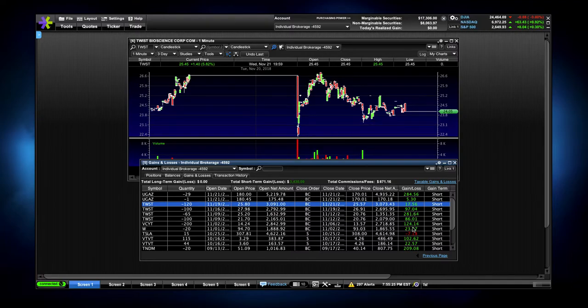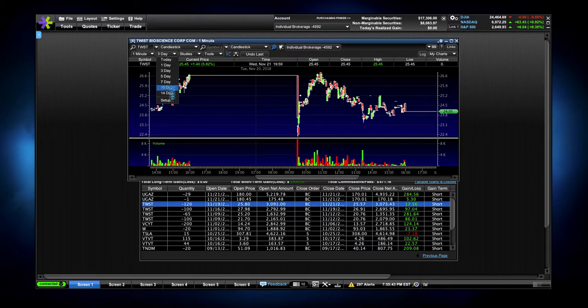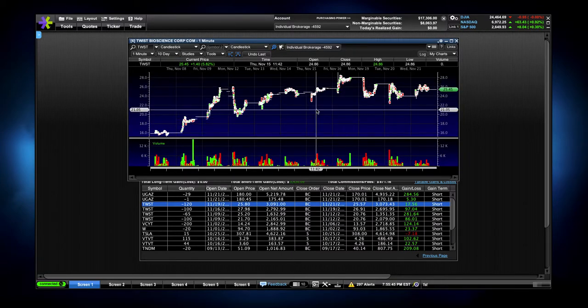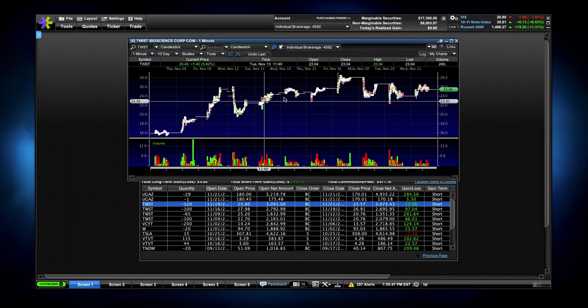Every time you take these small profits, they will add up, and eventually you grow your account to $25,000 to pass the PDT rule. So I had to take advantage of this morning panic. And the problem is people have this problem when they see the stock dropped and they didn't get out.